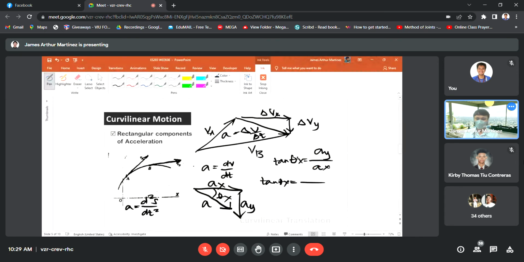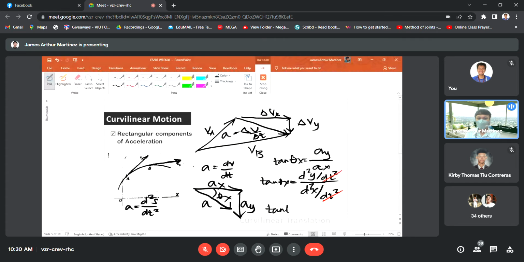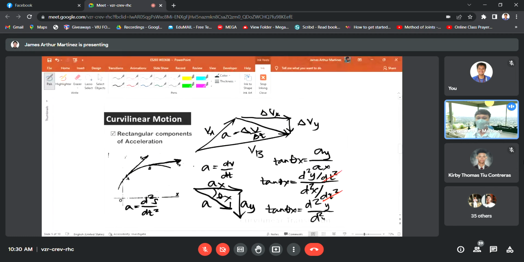Now, relating to this, you have d squared y over dt squared over d squared x over dt squared. So dt squared cancels out, leaving us with this equation for the inclination of acceleration: d squared y over d squared x.